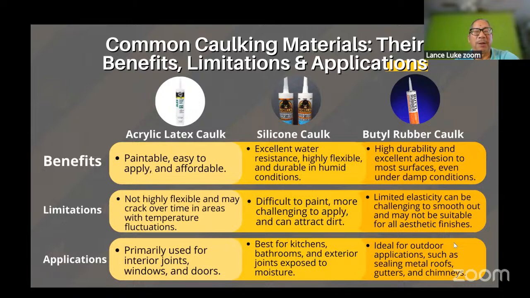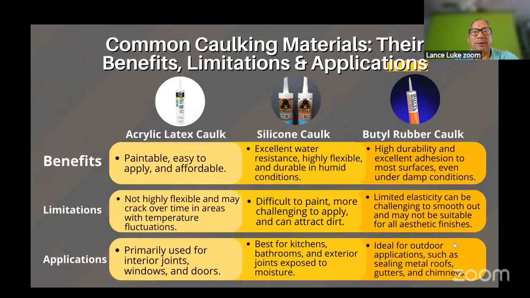I know there's a lot of reading to do, and I don't want to read everything, but there are different types of caulking. There's acrylic latex, there's silicone, there's rubber, and there are different benefits, limitations, and applications. For instance, latex caulk is paintable and easy to apply. They're not that flexible, and it's primarily used for interior joints, windows, and doors.